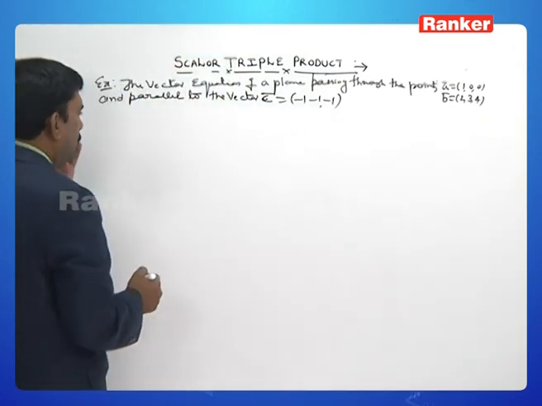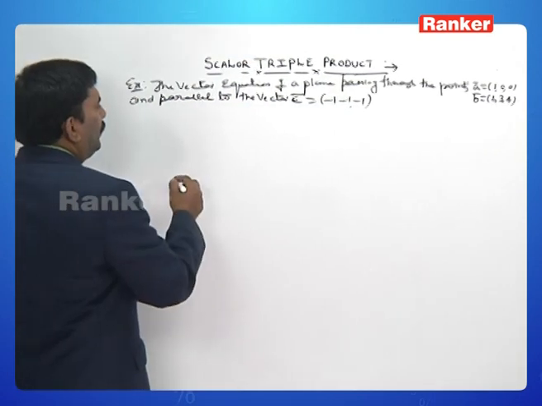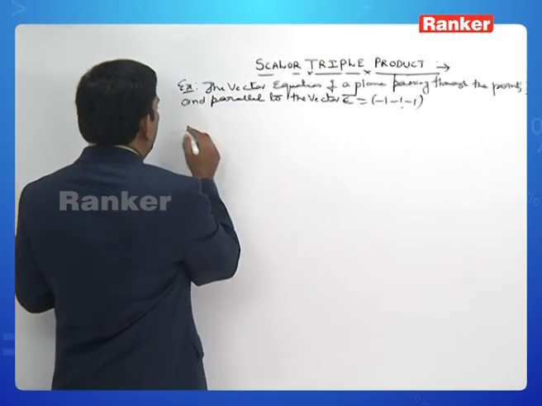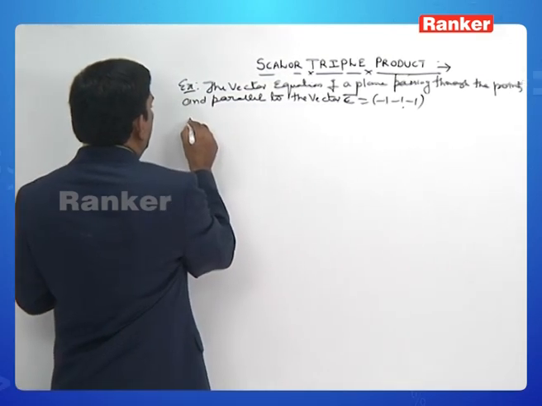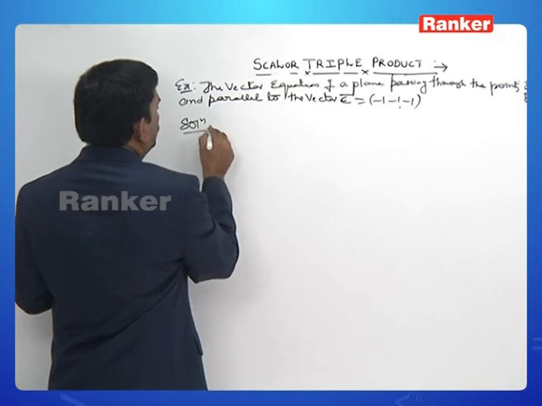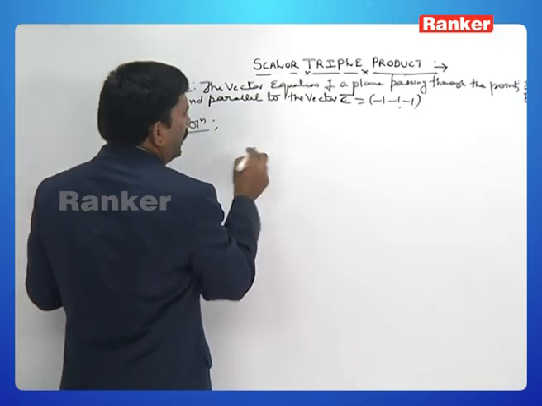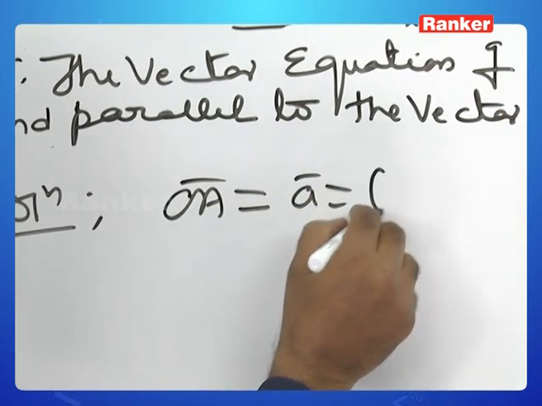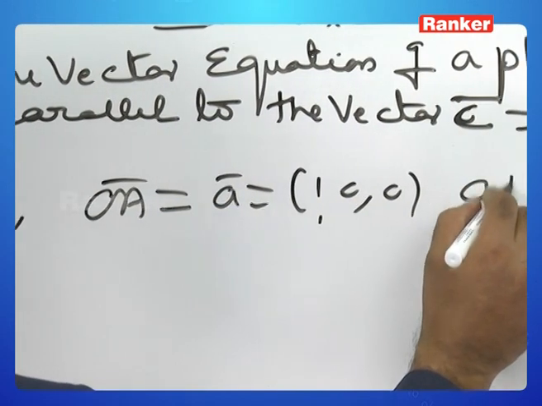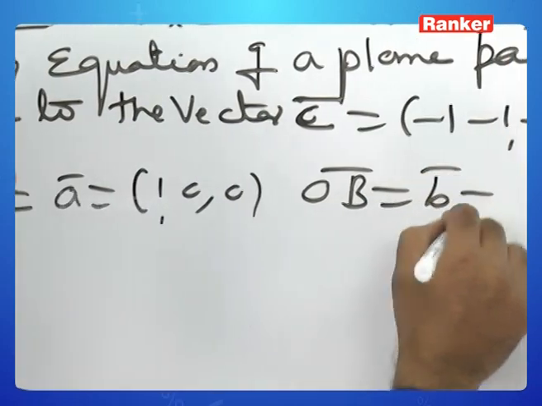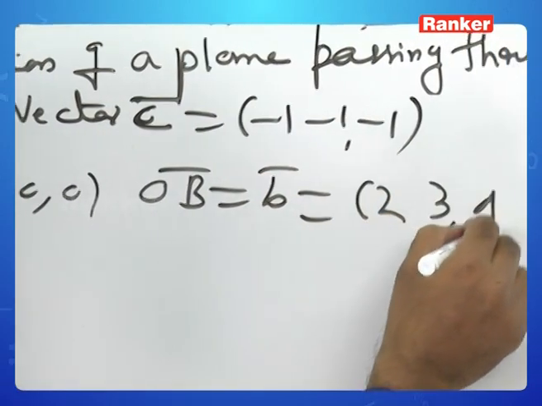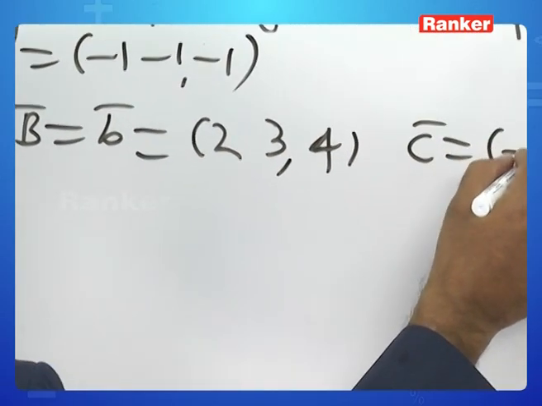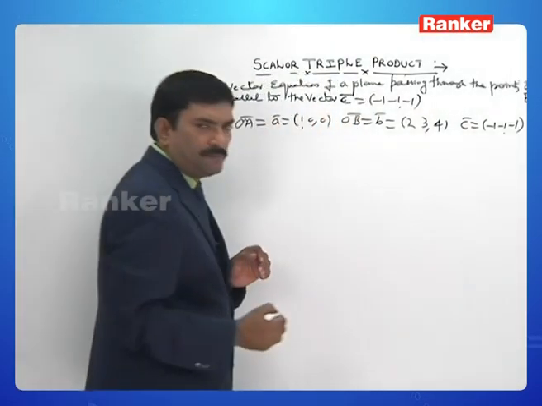One way is, if you want, you can go by the first method. The solution: I can write OA bar is equal to A bar is equal to (1, 0, 0), OB bar is equal to B bar is equal to (2, 3, 4), and C bar is equal to (minus 1, minus 1, minus 1).